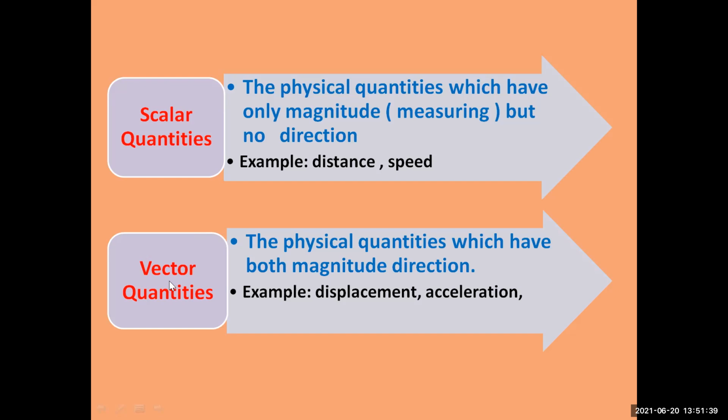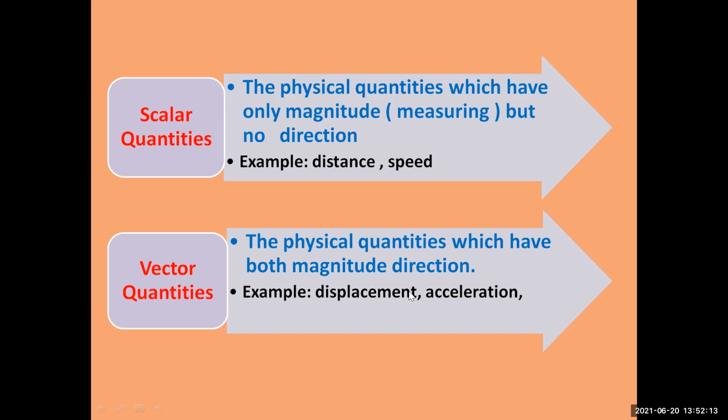Then what are vector quantities? The physical quantities which have both magnitude as well as direction. Means in which direction the object is moving and how much the object has moved. Magnitude is there, direction is also there. For example, push. Push means how much force you are applying. You are pushing the object away from you, so we are talking about the direction there.